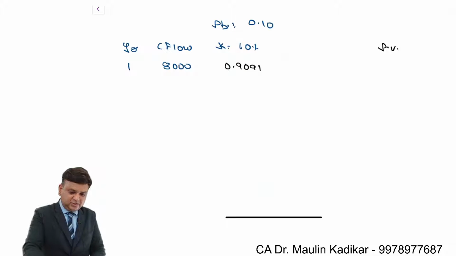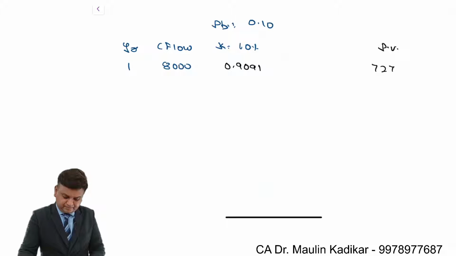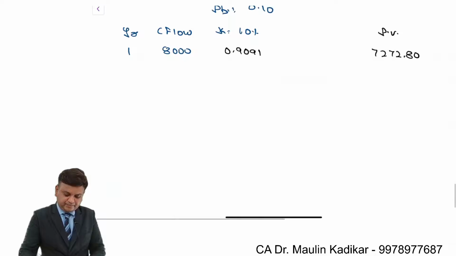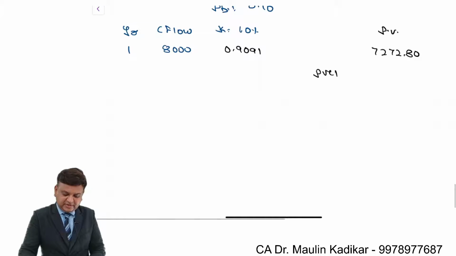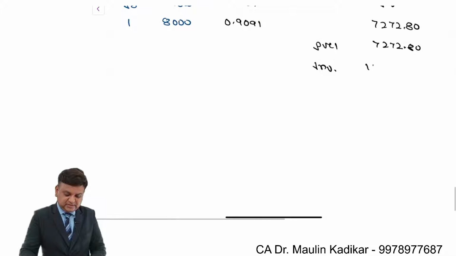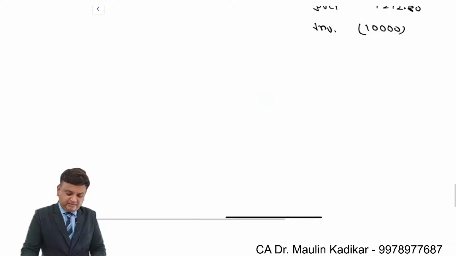Present value 8,000 into 0.9091 is 7272.8. This is the present value of the cash inflow. 7272.8 minus investment of 10,000, and the difference of both is NPV. The NPV of the project is negative 2727.20.